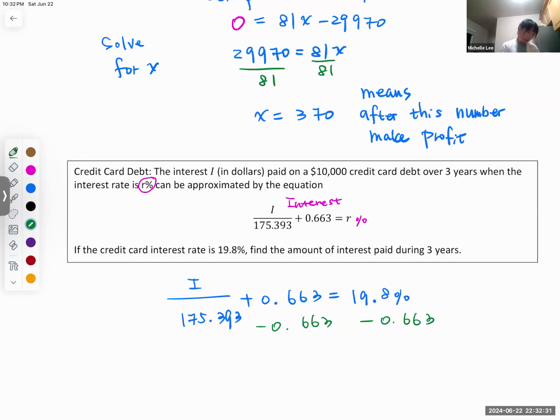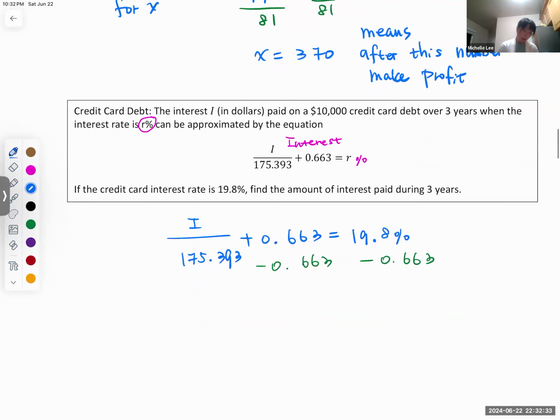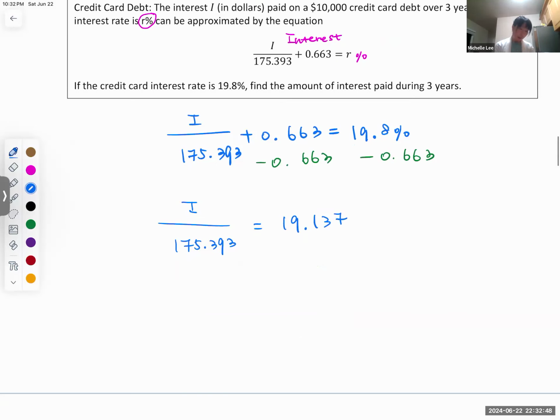So we have I over 175.393 equal to 137, and we multiply by 175.393.